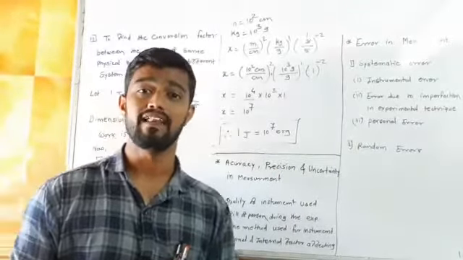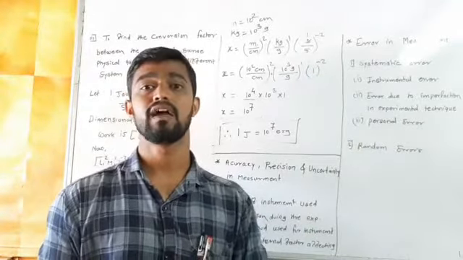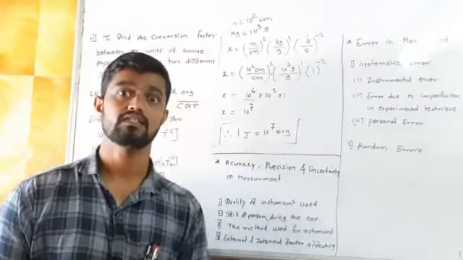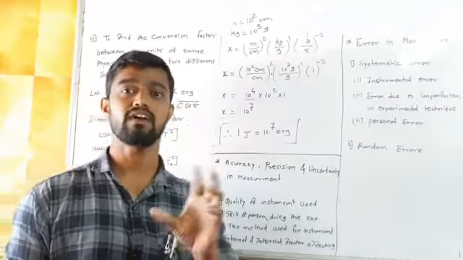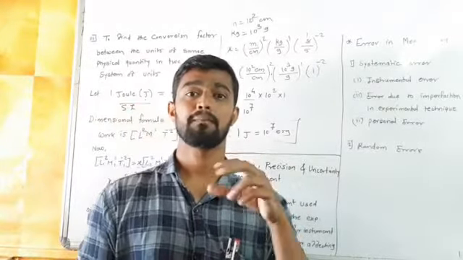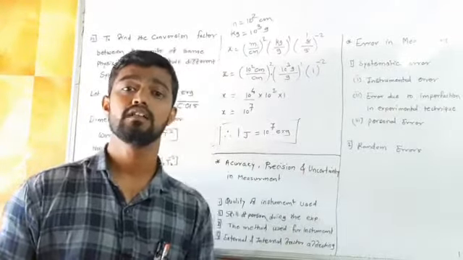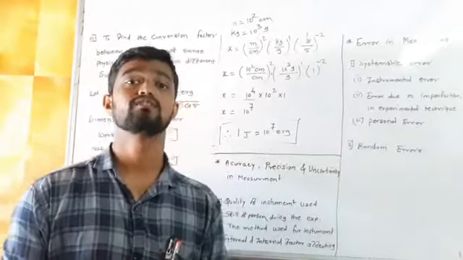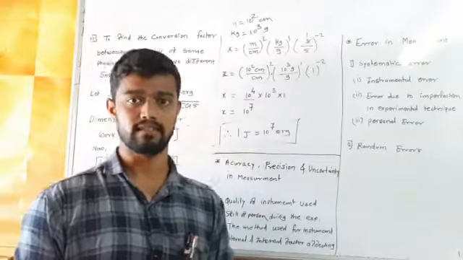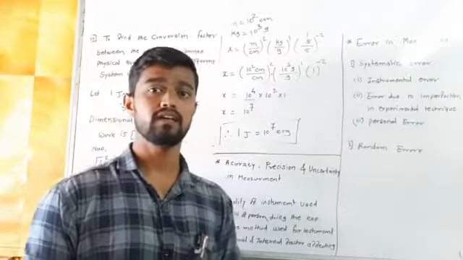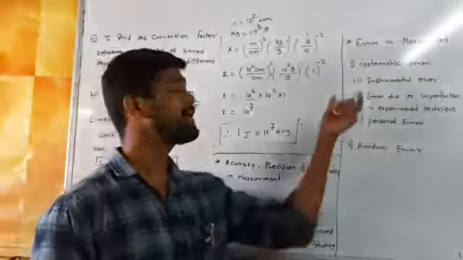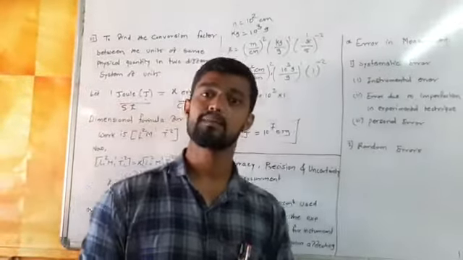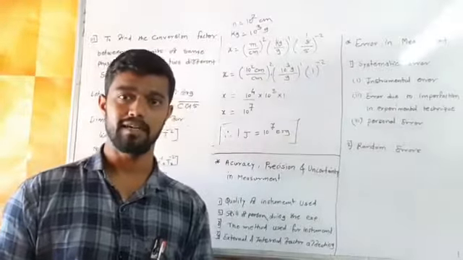Your theoretical value is not the same as the practical value, and that is called error. So error broadly has two types: systematic error and random error.